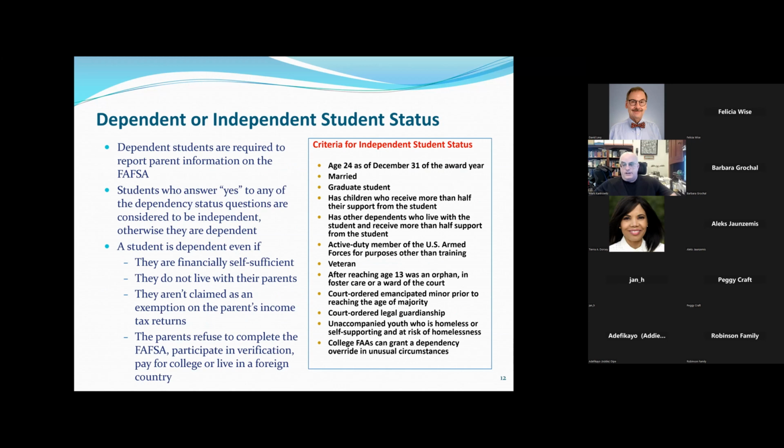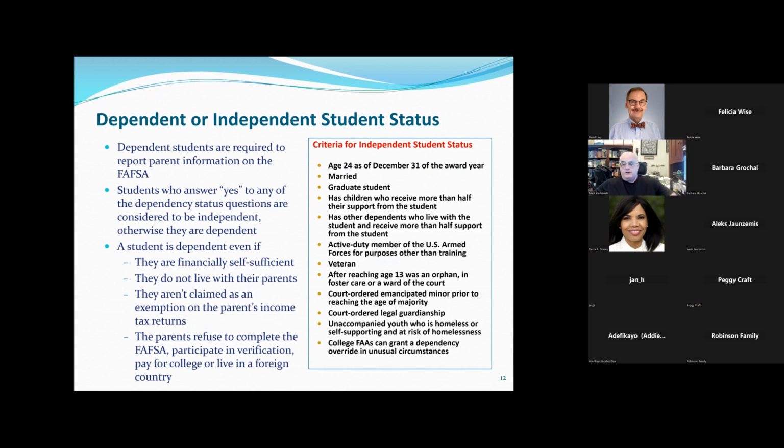Now, dependency status is now known as personal circumstances, and it's important because it determines whether or not parent information is required on the FAFSA. If the student's an independent student, parent information is not required, which can have a big impact on eligibility for need-based financial aid.